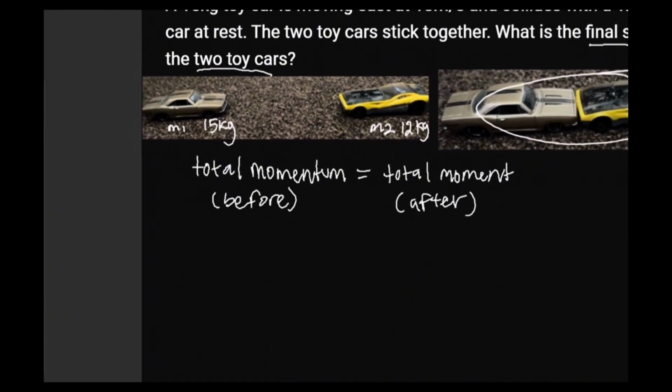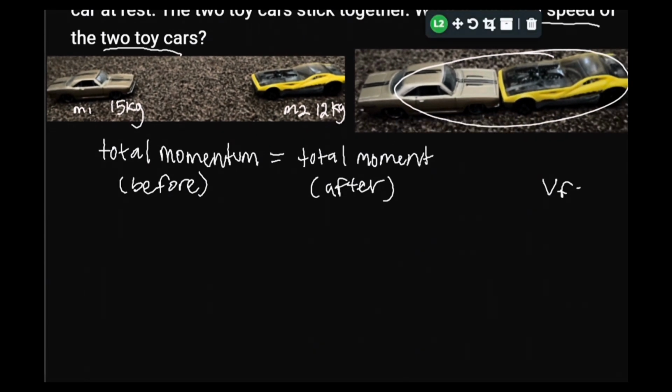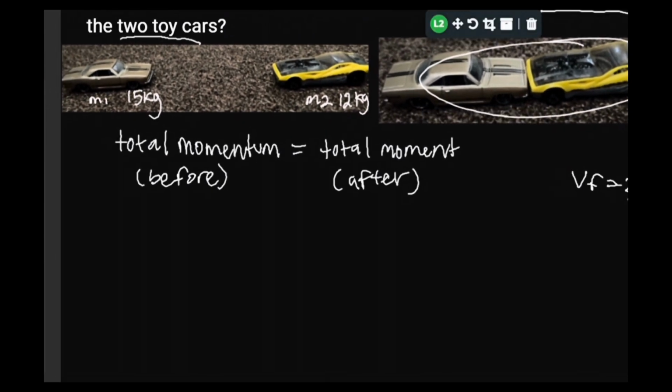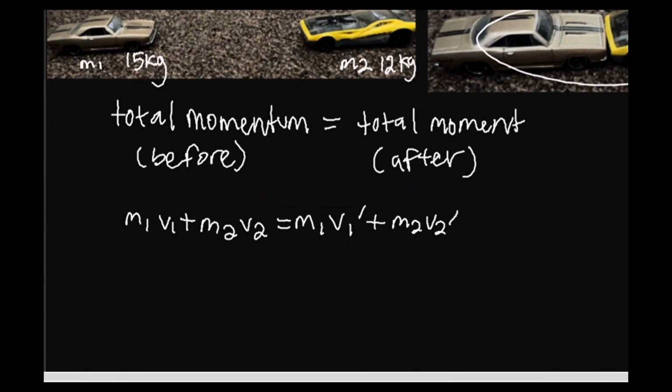To find vf, let's use the equation for this. So that equation would be, again, m1v1 plus m2v2 equals m1v1 prime plus m2v2 prime. We're not looking for the two velocities.